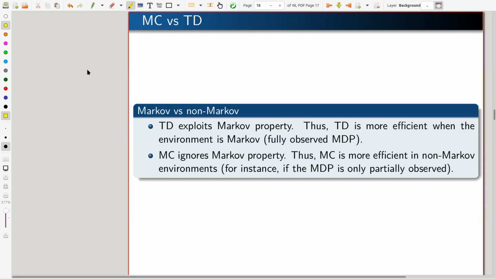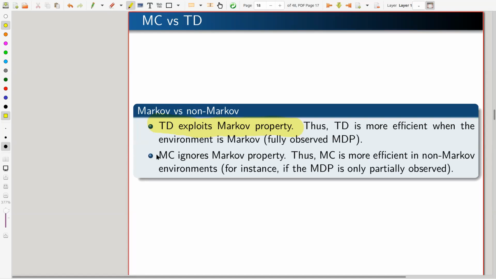What we are saying, in more probabilistic language, is that temporal difference methods exploit the Markovian property of the environment, because they build the model for the Markov decision process, and then they use the lecture 1 from 2 days ago, which was very deeply using the Markov property. They use that lecture to compute the value.